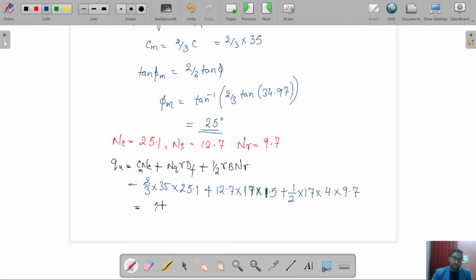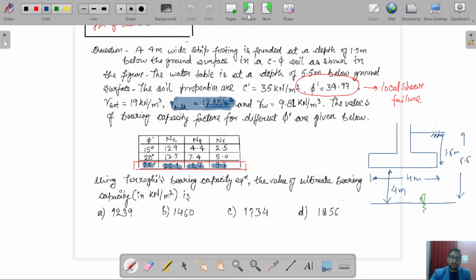So it is equal to 1239.816 kilonewton per meter square. So correct answer will be our option A.